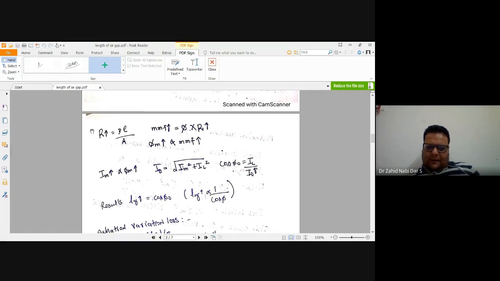So by comparing this equation and this equation, you can say that if I increase the length of the air gap, the power factor decreases. If I decrease the length of the air gap, my power factor will improve.